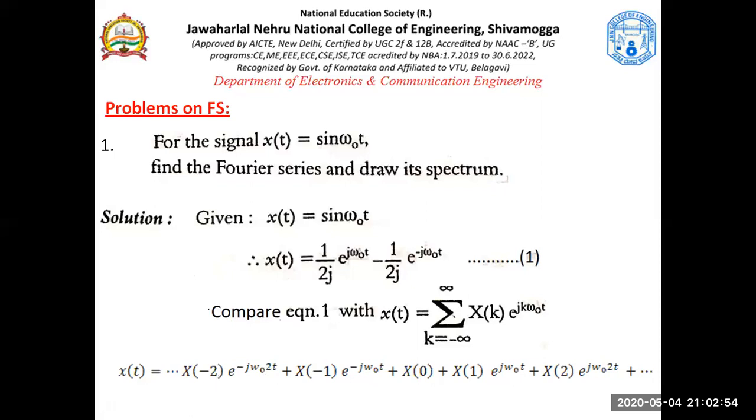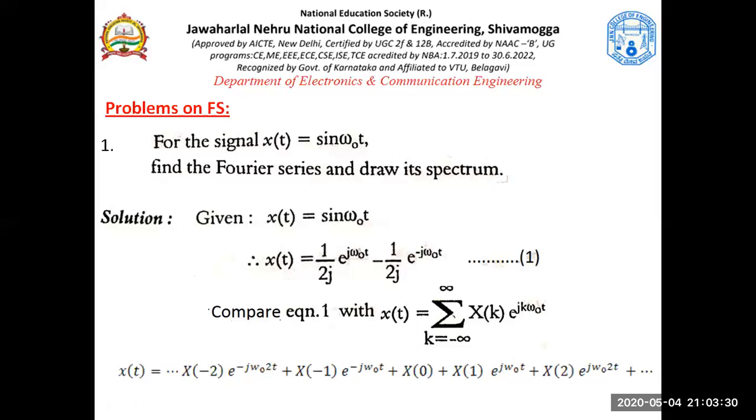Since it is minus 2, we have the corresponding exponential here, then x of minus 1, x of 0, x of 1. Here this is a positive exponential. If you have minus 1, it would be minus jk omega naught. If you have 1, it would be plus jk omega naught. If it is 1, it is e power plus j omega naught. If it is minus 1, it is e power minus j omega naught.